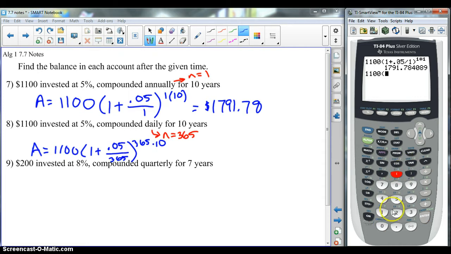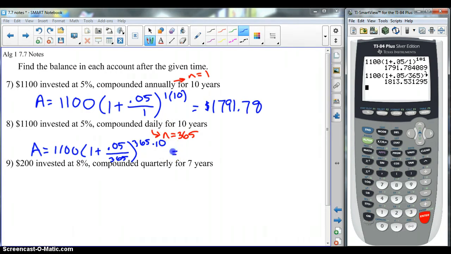So let's see what happens. Interest is compounding a lot more times, 365 times rather than just simply once. All right, so I'm punching this in on my calculator, 1 plus 0.05 divided by 365, and we're going to raise that to the 365 times 10, so that's 3,650, and you can see the result there.